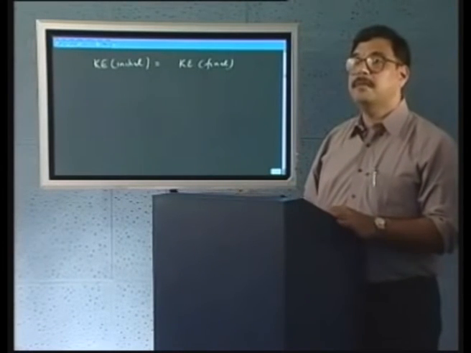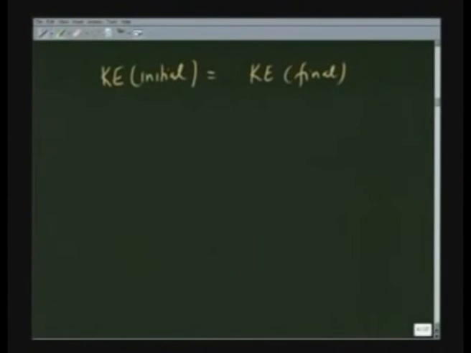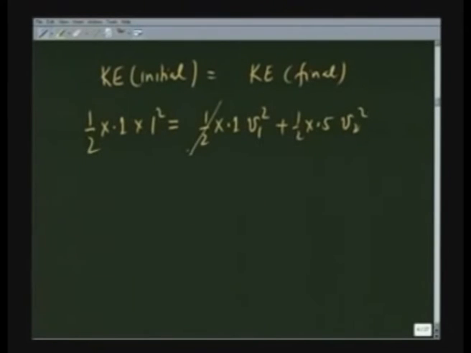I have not taken potential energy U into account because on a horizontal surface it does not change, and therefore I must have 1/2 times 0.1 times 1 square, that is initial kinetic energy, equal to final kinetic energy, both particles are moving, and therefore 1/2 times 0.1 v1 square plus 1/2 times 0.5 v2 square, and this gives me, half cancels, 1 equals v1 square plus 5 v2 square. This is my equation number 2.